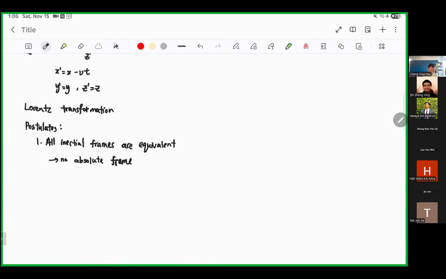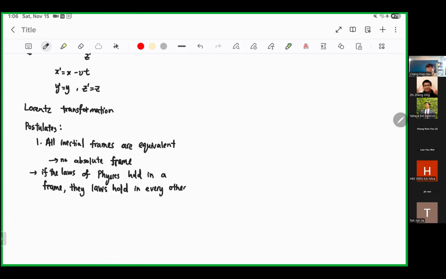And then, if the laws of physics hold in one frame, then the laws hold in every other frame. This also makes sense, right?